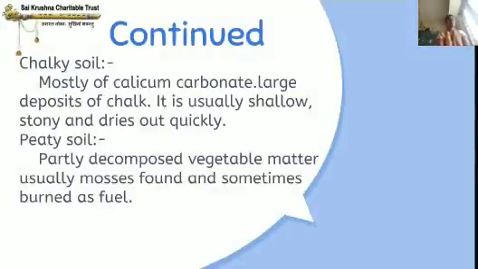Chalky soil is mostly calcium carbonate and has large deposits of chalk. It's usually shallow, stony and dries out quickly. And peaty soil is decomposed vegetable matter, usually mosses, and sometimes it is burned as fuel.